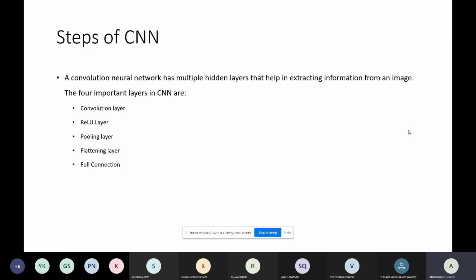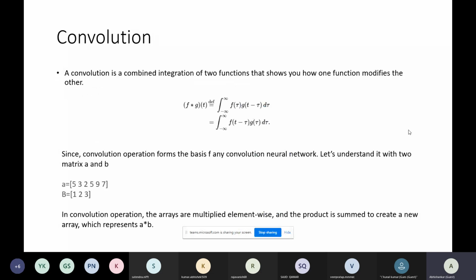What does it mean actually? What is this convolution? In the convolution layer, convolution happens. So what is this convolution? It is the combined integration of two functions that shows how one function modifies the other. This is not a new concept. People who have learned signal processing know that this is the technique we use in impulse response estimation.